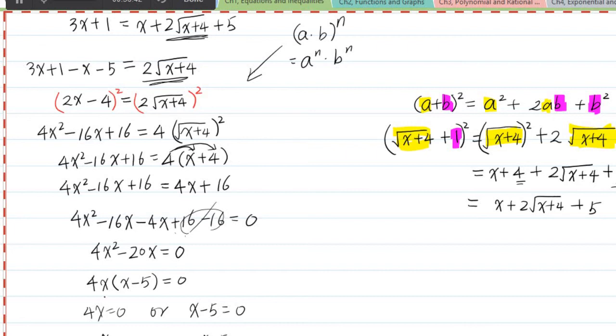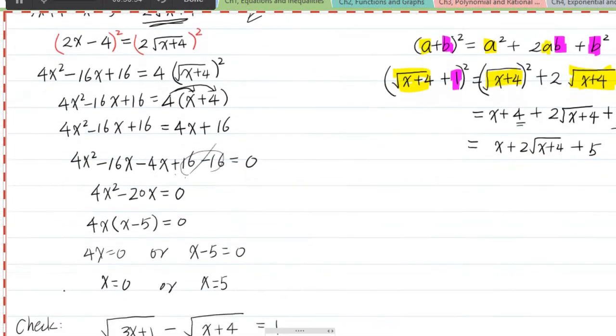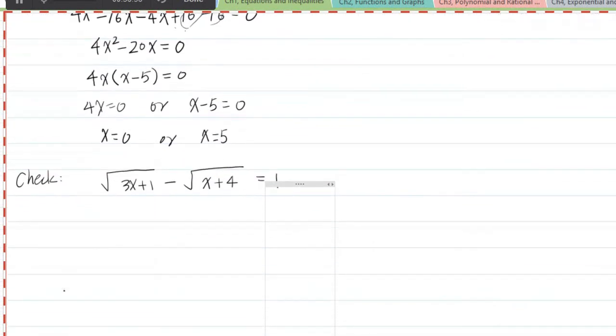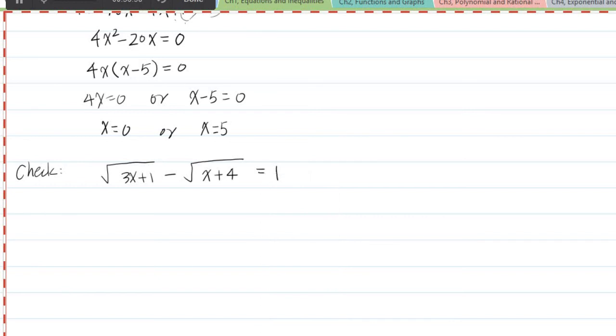We're going to have 3x plus 1 minus square root of x plus 4 equals 1. Let's go ahead and check this.